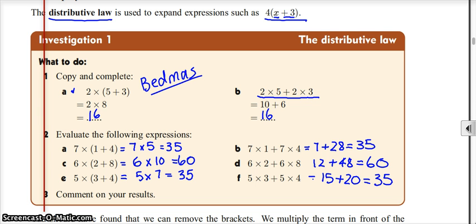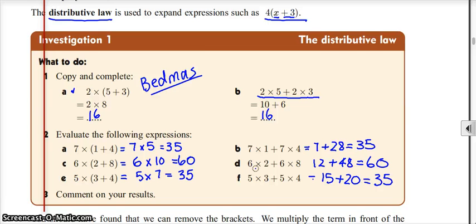What do we notice about all answers there? A and B, C and D, E and F. Georgie, what's a common theme that's happening there? They equal the same thing. Yes, that's right. And can you start to see the distributive law there?